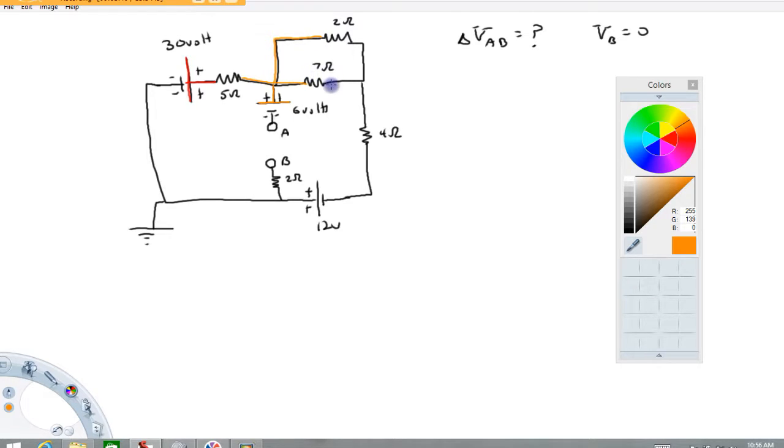When we go across this resistor, we're going to drop in potential again. That potential is going to be good up to that resistor. When we go across this resistor, this one will have a current, so we're going to drop in potential again. And there we have it. So I've color-coded the potentials.